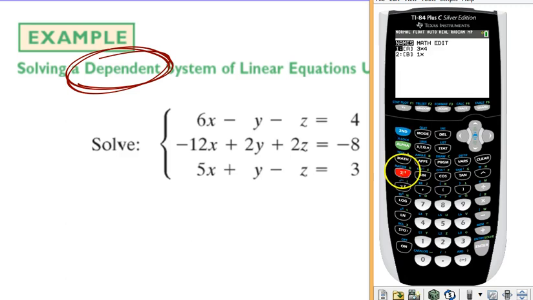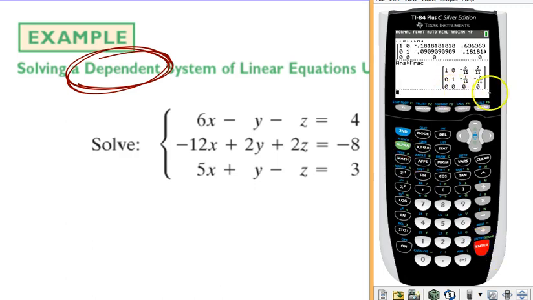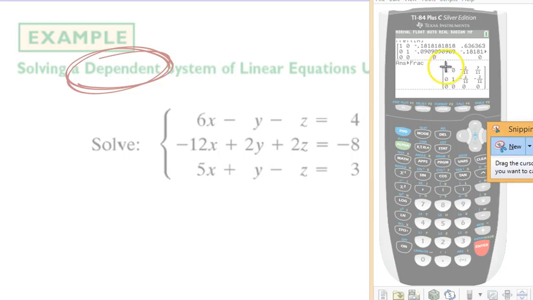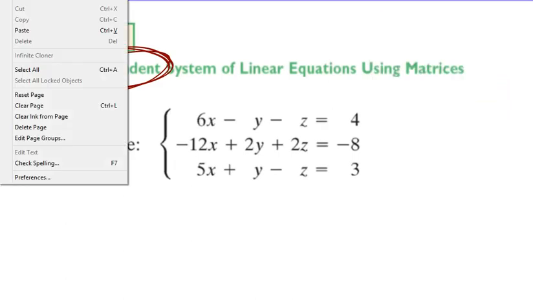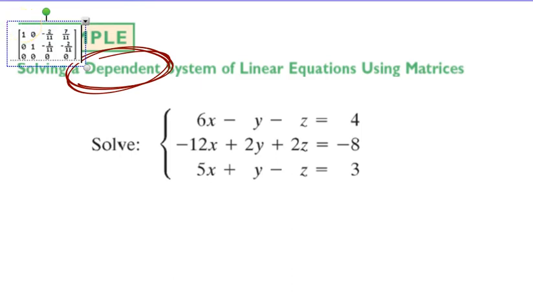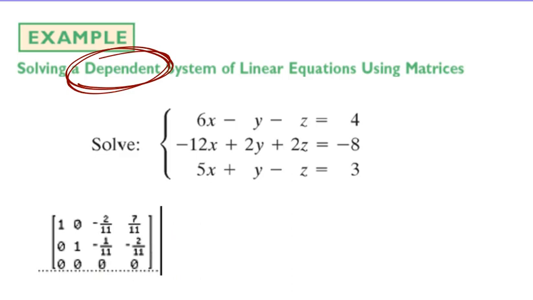B, second matrix, call up matrix A, and I'll hit math, enter, and it will clean this up a little bit. But you can see the denominator is 0, 0. I'll copy this. A little bit difficult to read. So to read this, I can see it's a true statement.